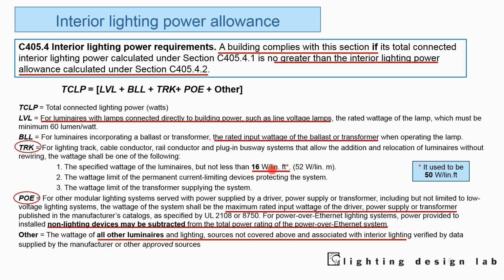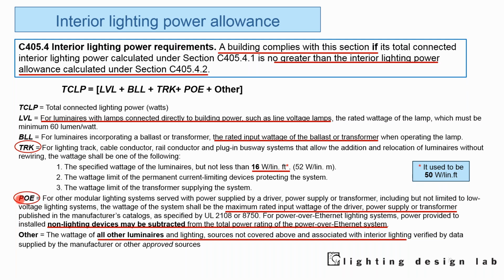We're allowed a certain amount. In this case, it's 16 watts per linear foot. And guess what? It used to be 50 watts per linear foot. But in the days of LEDs, 16 watts per linear foot is a pretty easy lift. It does mean that if you're using incandescent lamps, you're not using very many of them.